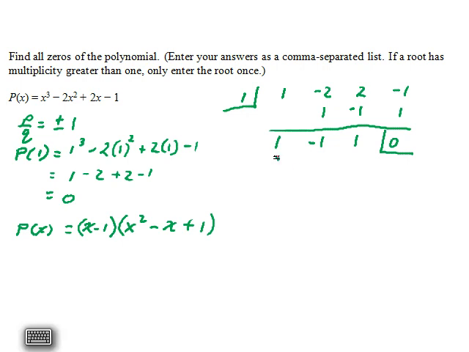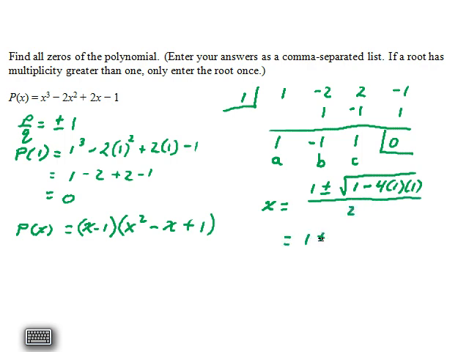So we can use the quadratic formula and get that the zeros of this quadratic are the opposite of b, plus or minus the square root of b squared minus 4ac, all over 2a.